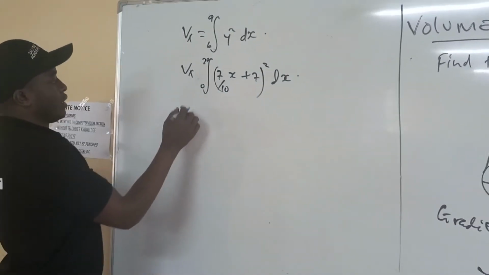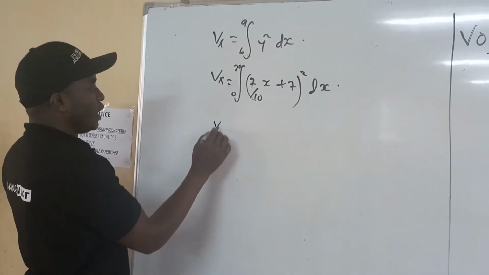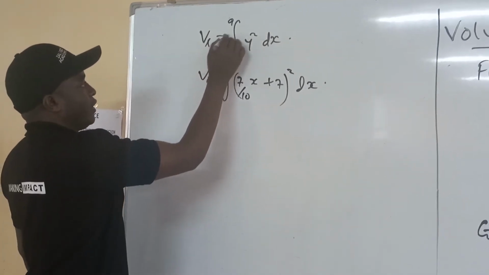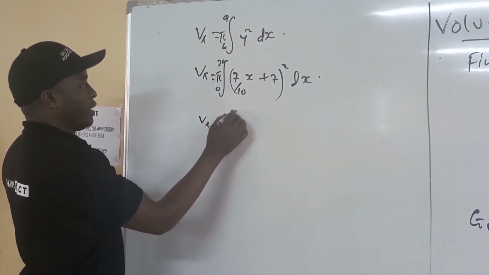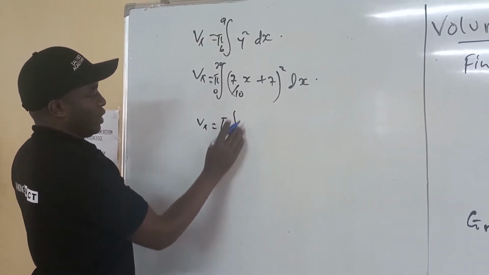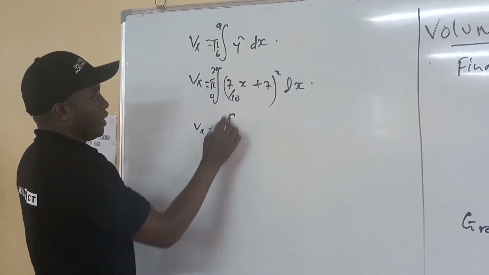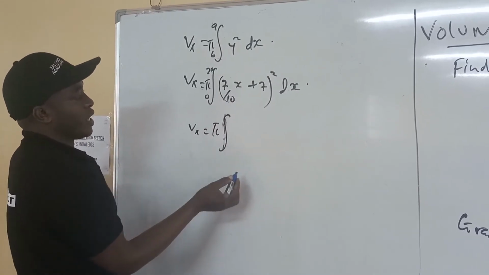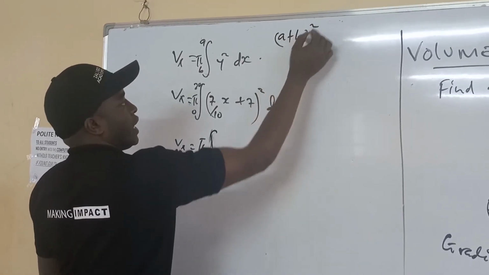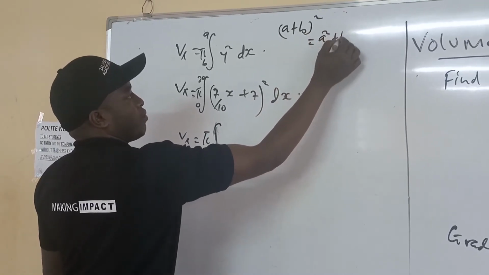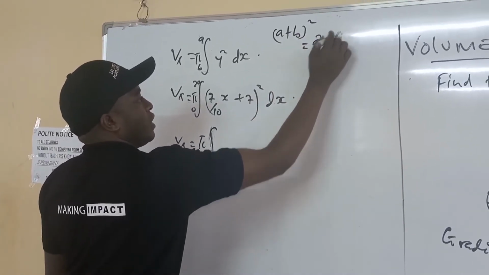So that means we shall have, there is a pi here, so our Vx equals pi, integration of, this one we square. We use this formula, that (a plus b) squared equals a squared plus b squared plus 2ab.